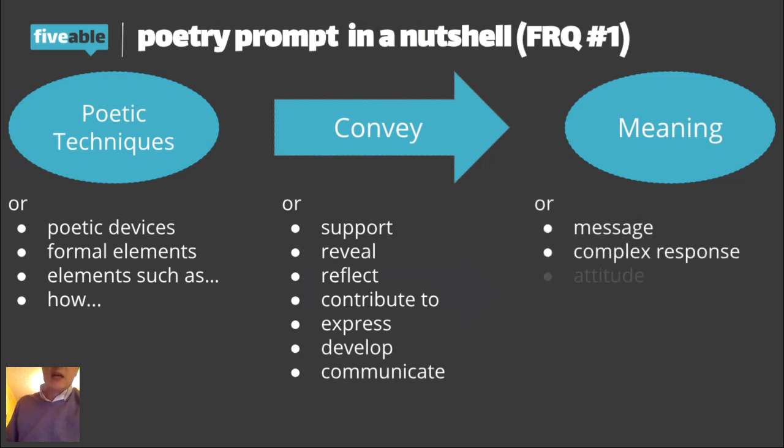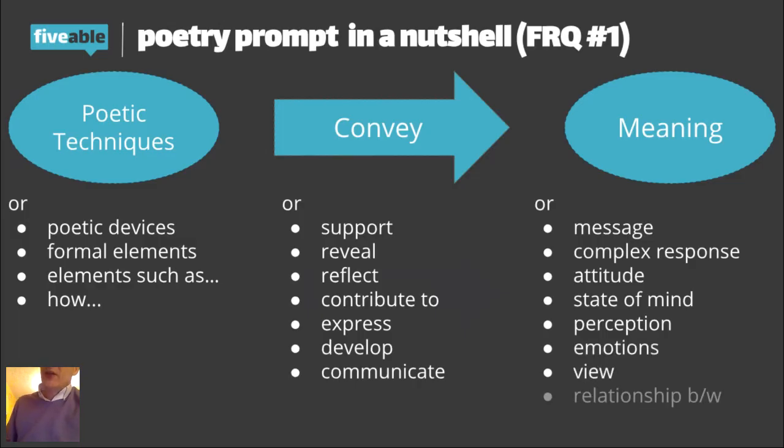And meaning can be message, complex response, attitude, state of mind, perception, view, relationship between, or significance. So we've talked about this before, but that is the poetry prompt year in and year out. And so you can get used to that and really get good at that.